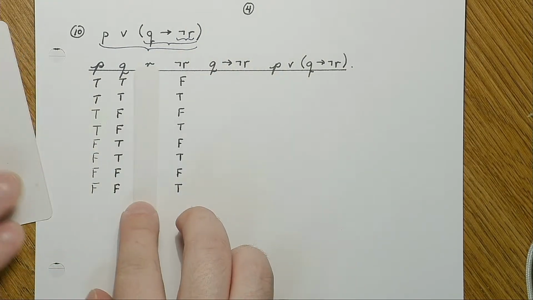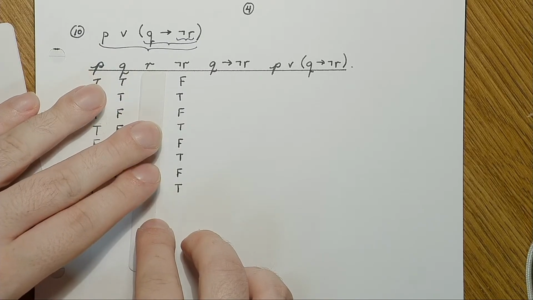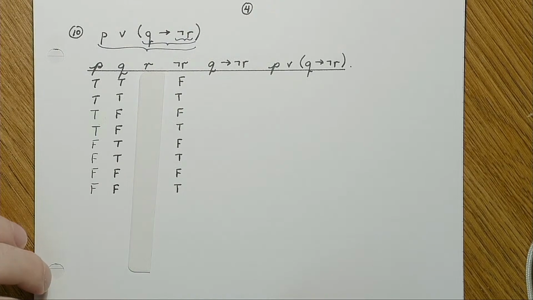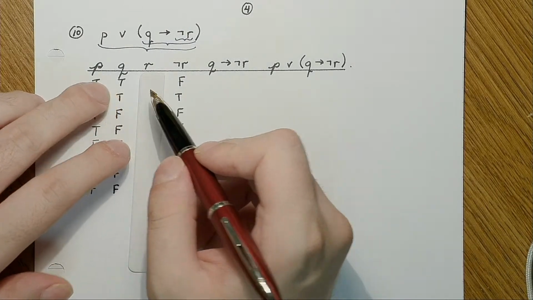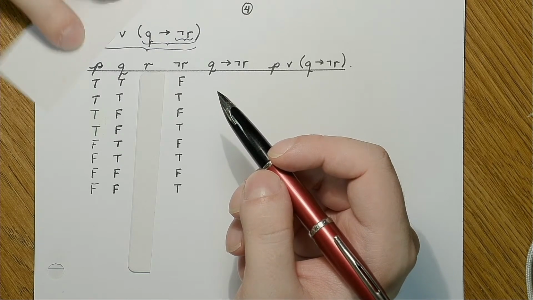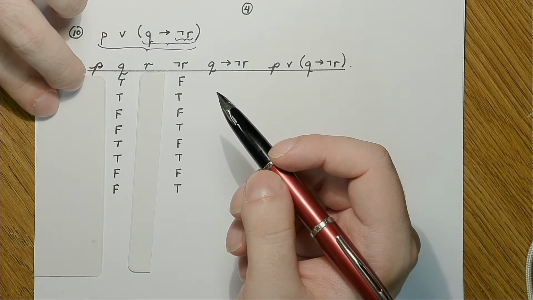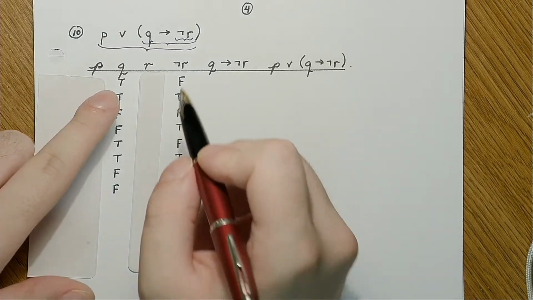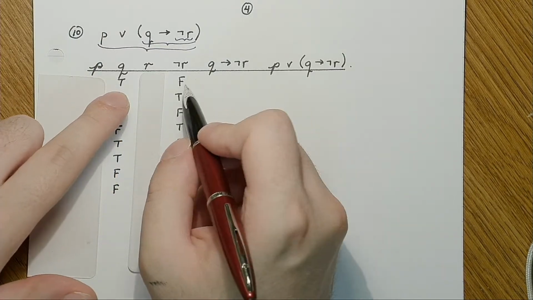So to do that, I'll just cover that up right here. So I'm just doing the implication now to this. So maybe I'll cover up the P as well. There we go. So now I'm just applying the implication to these two rows.